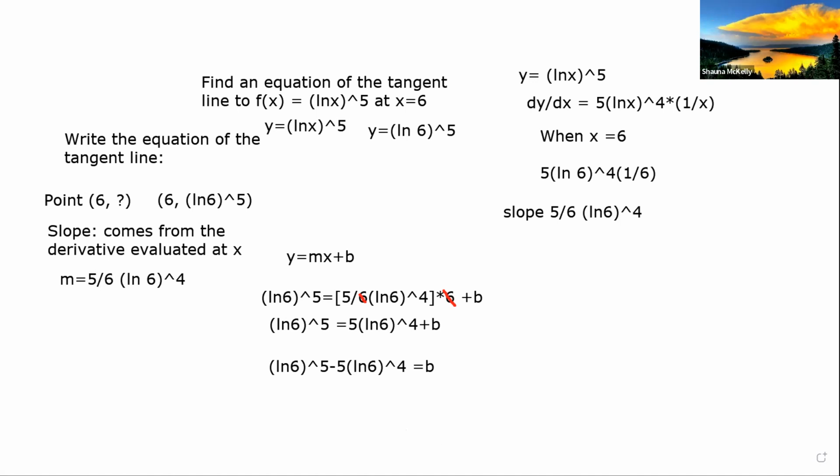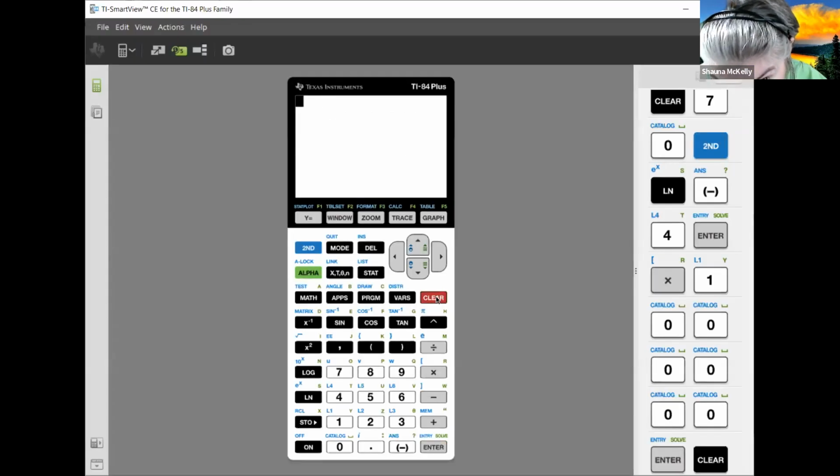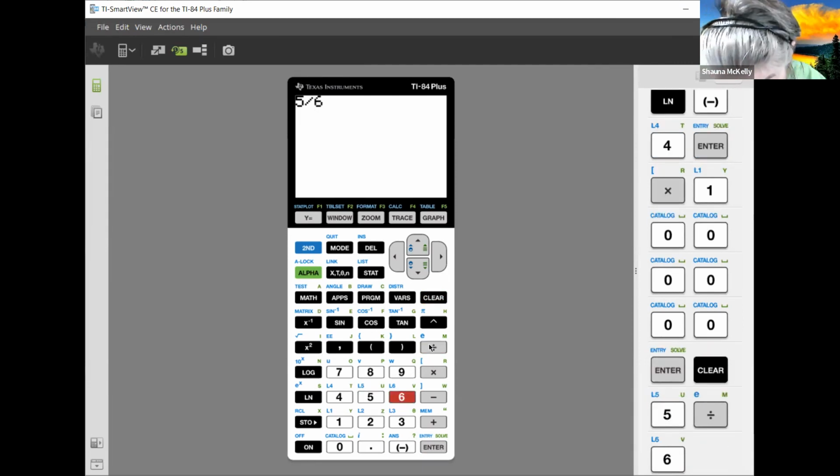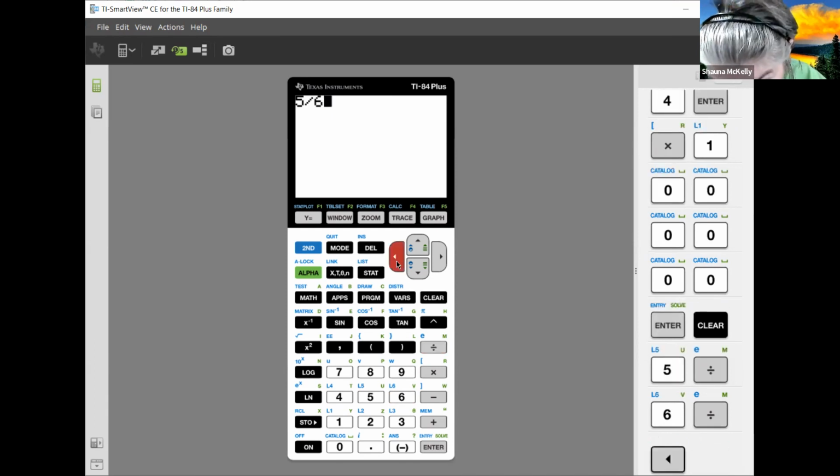Now, I'm going to come back here, and I'm going to go to the calculator, and clear this out from before. 5/6 times, oops. Of course, if you put it in wrong, you're going to get a wrong answer, right?